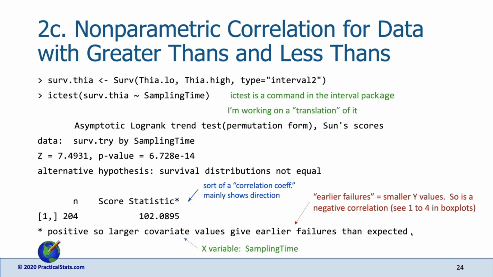This is a command in the interval package itself, so I haven't made this friendly, and I'm going to show you the output that is not as friendly as what you get with the IC test here. Again, it's just the y variable tilde the x variable, which is time now. So this is doing not really regression, but more correlation.